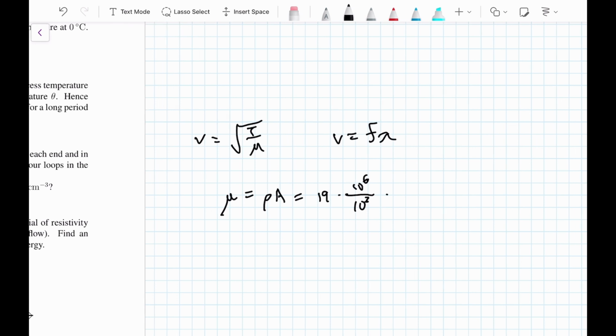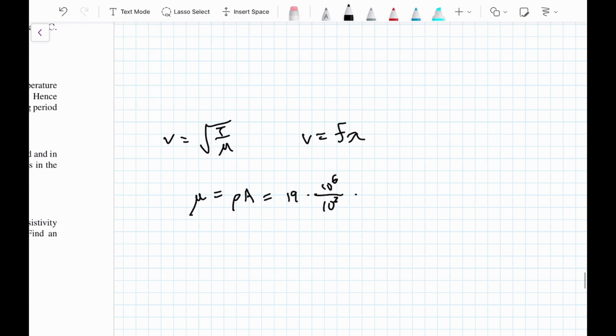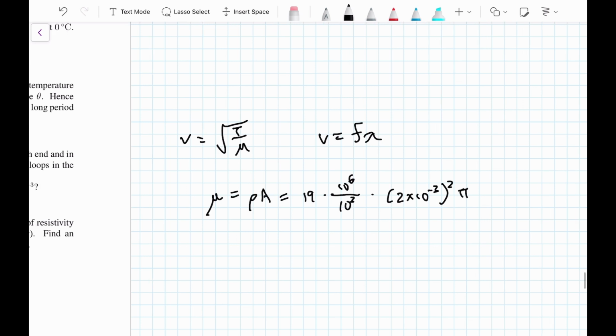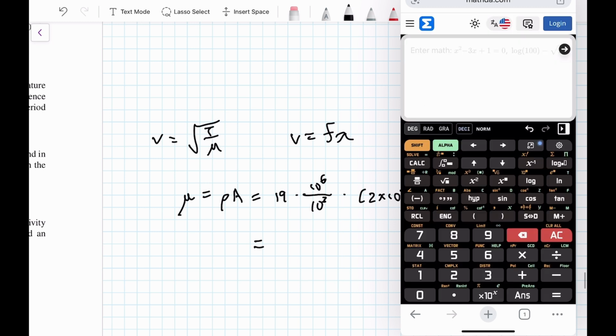And then we multiply by the area. The area is 4 millimeters in width, so that should be 2 times 10 to the minus 3 for its radius, squared, times pi. Okay, now that should be done. Then we can just plug this into a calculator to get a value.